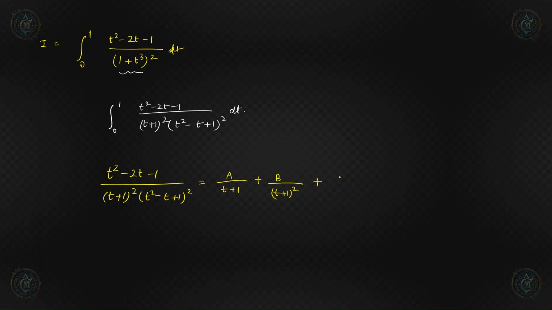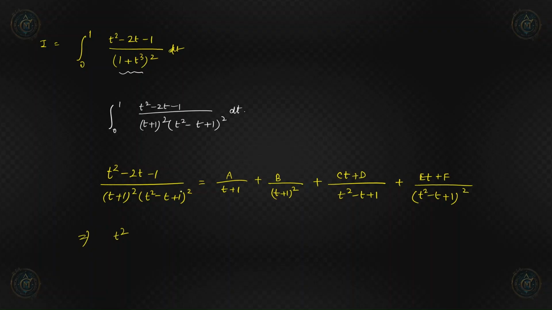So we can take, let's say, ct plus d divided by t square minus t plus 1 and plus another linear factor here, et plus f, let's say, divided by t square minus t plus 1 whole square, okay. So we have to calculate all these 6 variables to get the partial fractions. So we can find this.